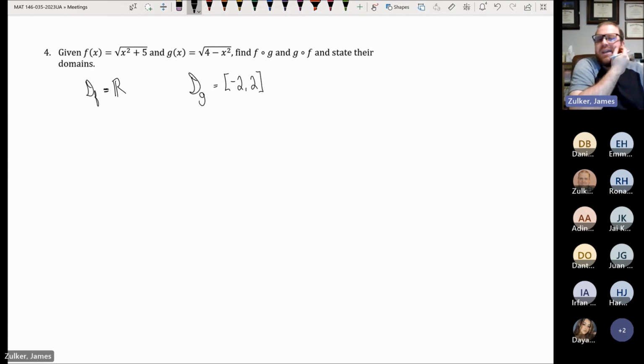It would be the closed interval -2 to 2, right? Of course, the endpoints are included because you can take the square root of 0.